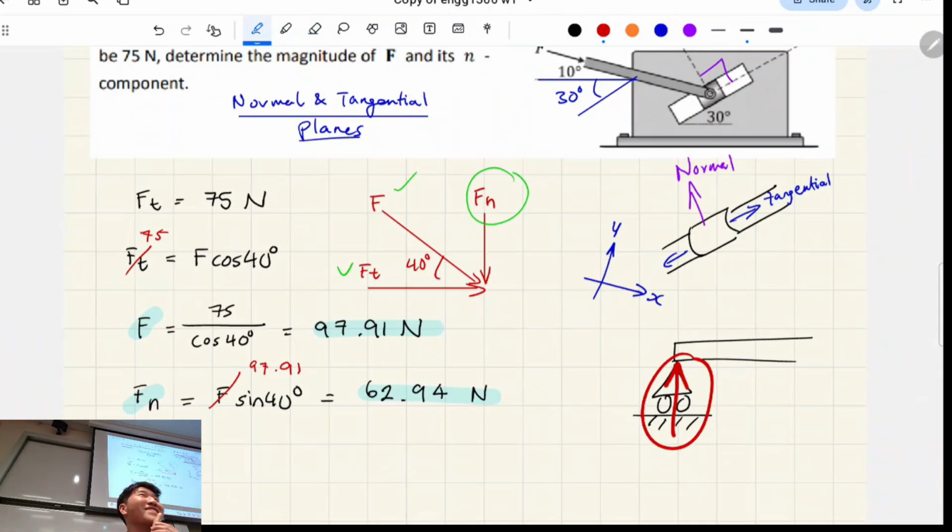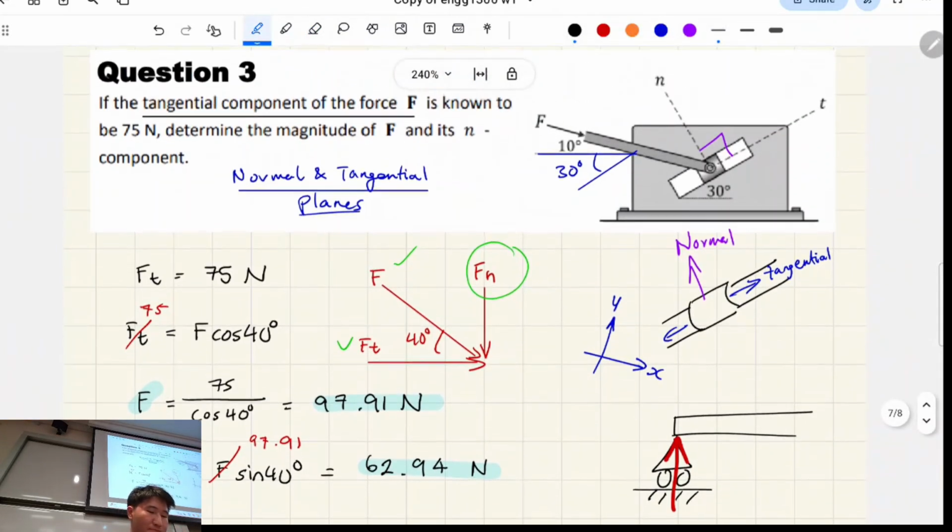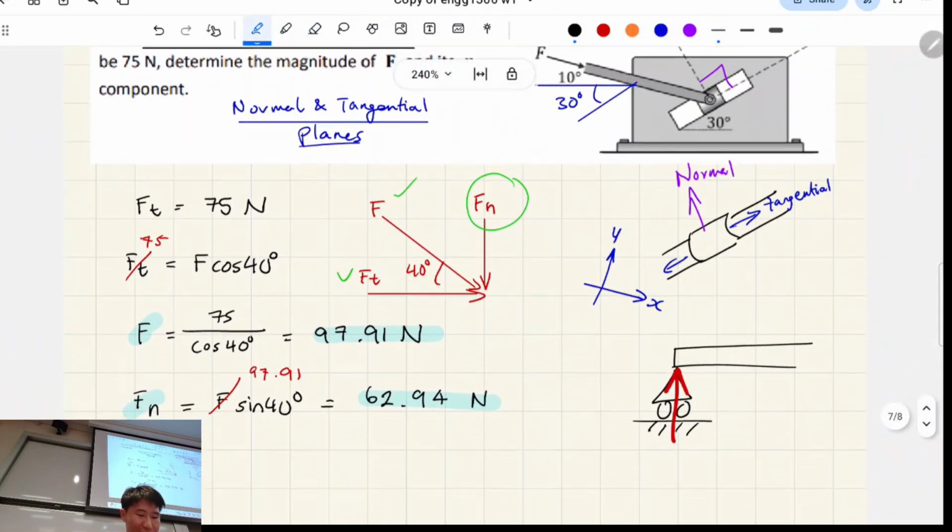I don't know if that's the right word. Anyway, sorry. The normal and tangential notation is relative to an incline or a surface, right? So if it's completely flat, the tangential direction is just horizontal, and then the normal is vertical, coming off the surface. If that makes sense.